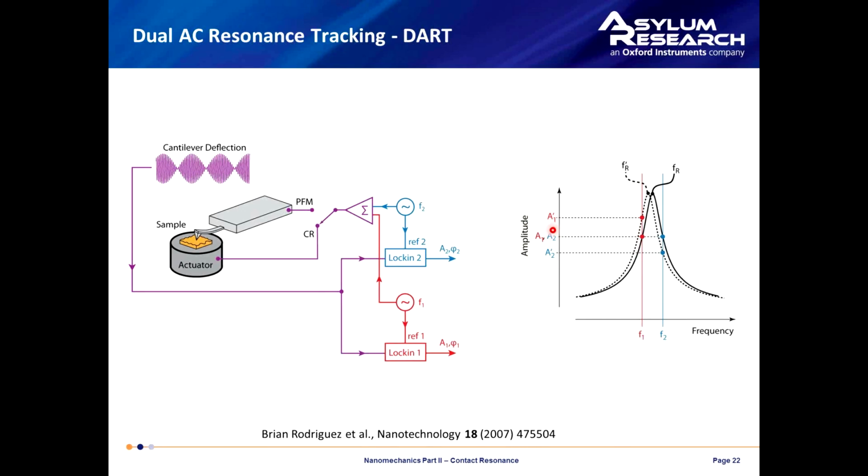So this A2 minus A1 is an error signal that goes into a feedback loop that then changes F1 and F2 together to always keep that resonance right in between F2 and F1. What we get out of that then is an estimation, a measurement of the contact resonance. As we'll discuss in the next slide, you can also use that to calculate other quantities about the resonance, most notably the quality factor.